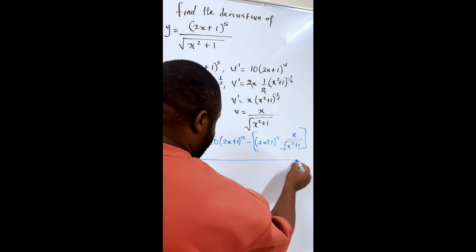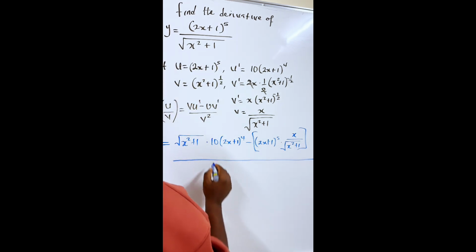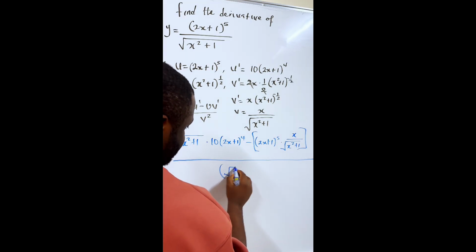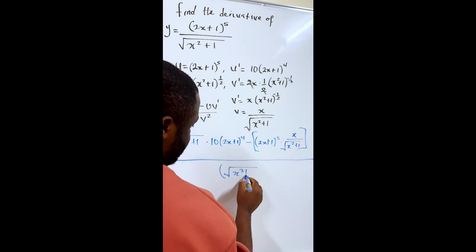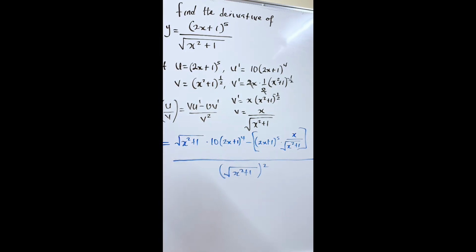Then everything over v squared. What's our v? So v is the square root of x^2 + 1, squared. So we can easily simplify this.